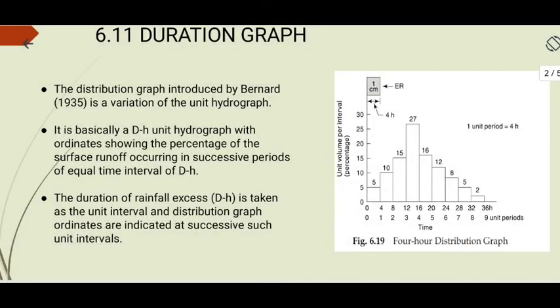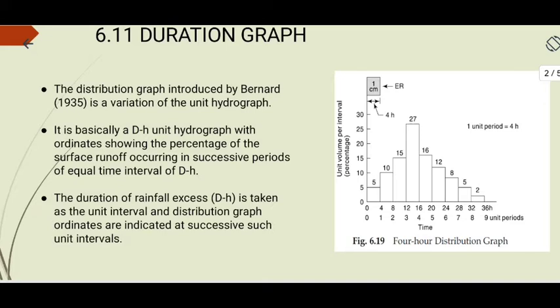Figure 6.19 shows a typical 4-hour distribution graph. Note the ordinates plotted at 4-hour intervals and the total area under the distribution graph adds up to 100%.